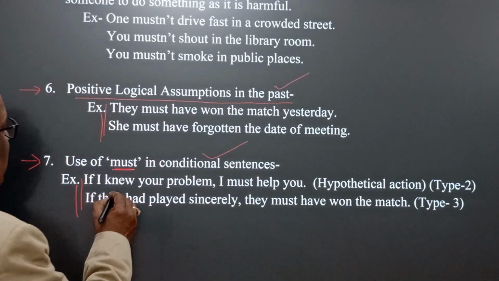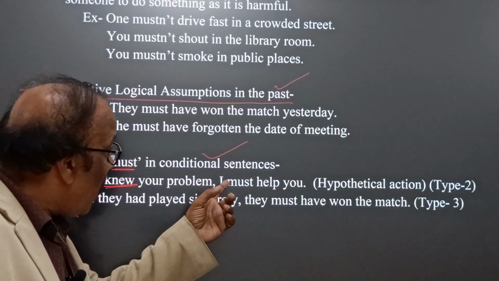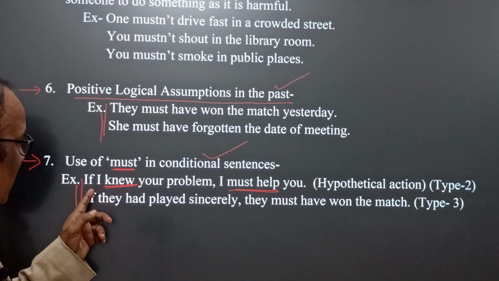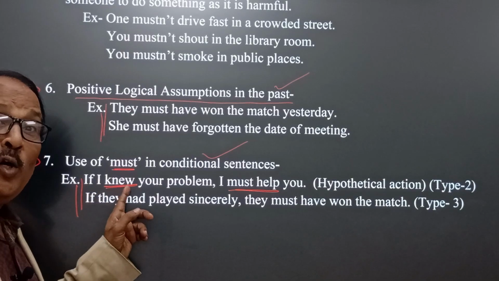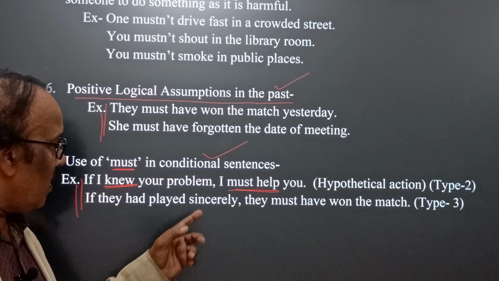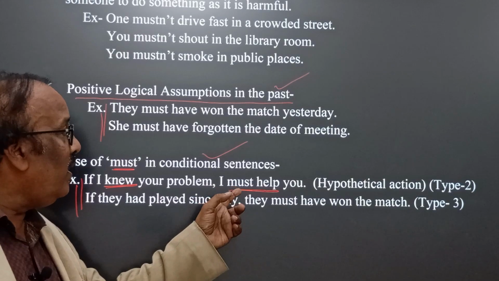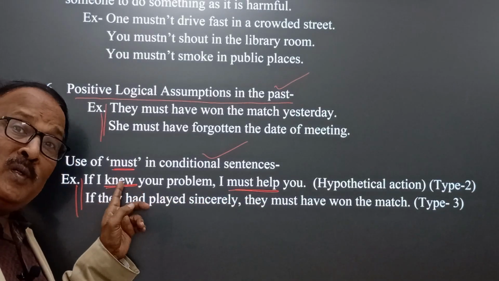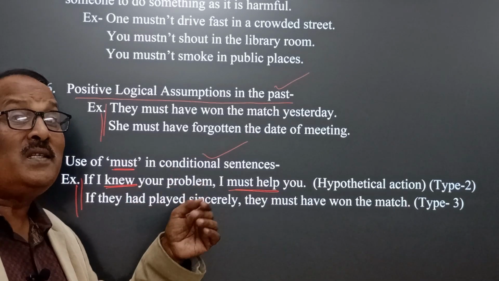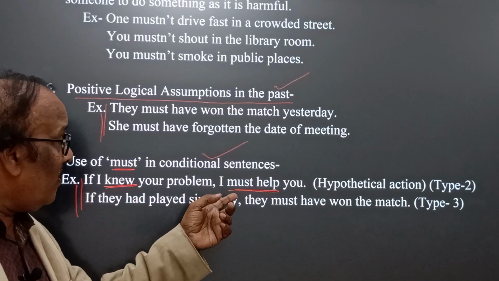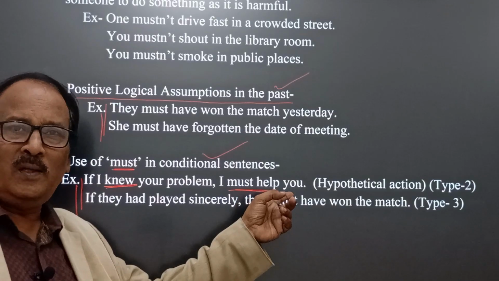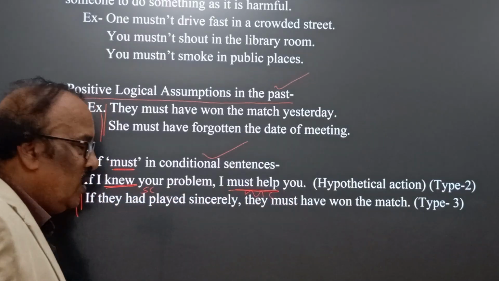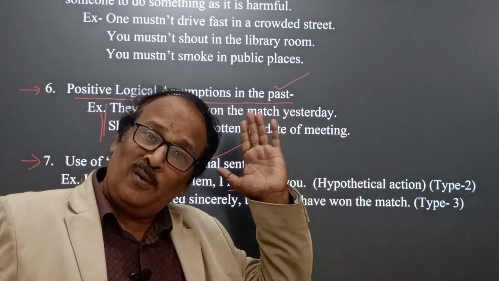Here, if I knew your problem, I must help you. It means the speaker says that he doesn't know your problem, and that's why he can't help you. Here, knew is simple past but expresses present meaning. Here must help, must plus infinitive. This is the conditional clause, this is the main clause. This is a complex sentence.